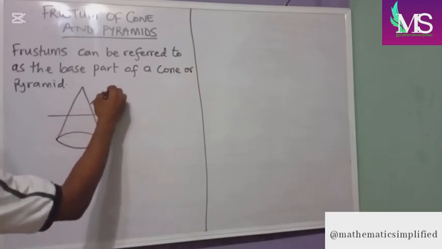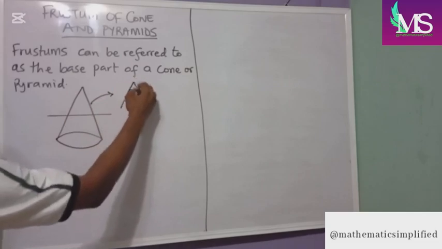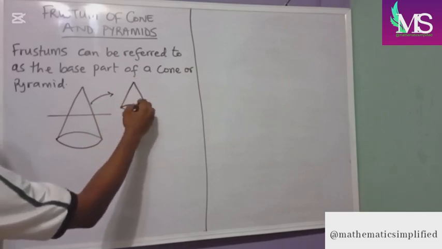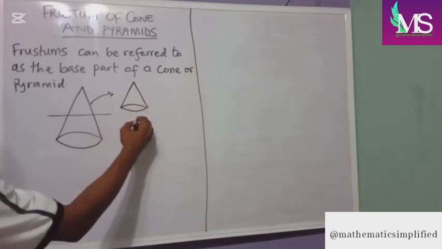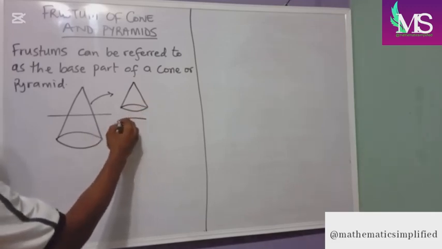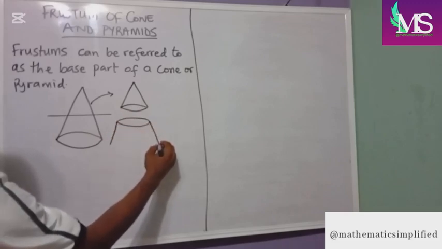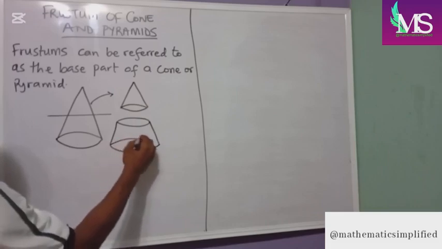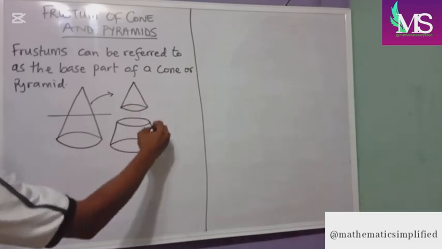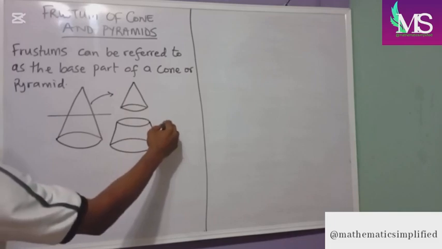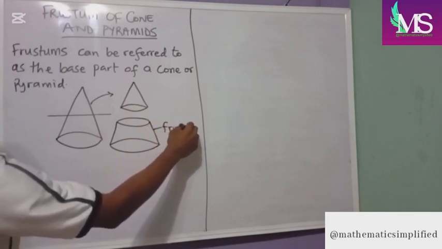On this one part, we have a smaller cone, while on this other part, we have a half-cut shape. This is what is referred to as a frustum.